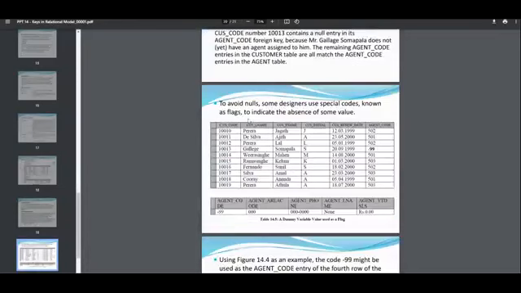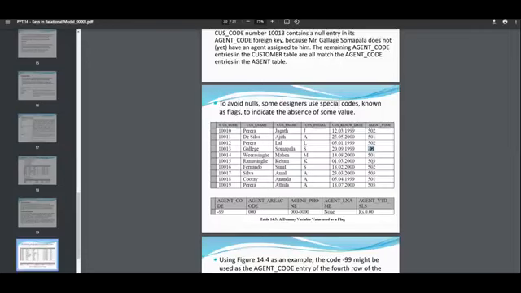Then avoid nulls. Some designers use special codes, unknown, as flags. So sometimes some systems do not allow keeping data as null values. Null values means what? There are no values there. To avoid that, we have to enter some value. So those sample values are called flags, right?